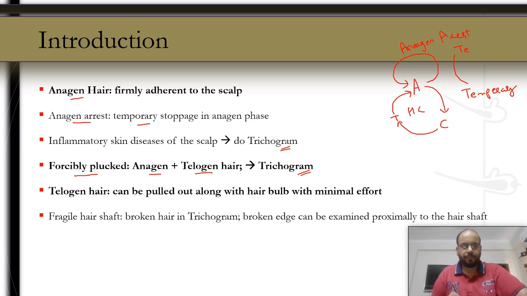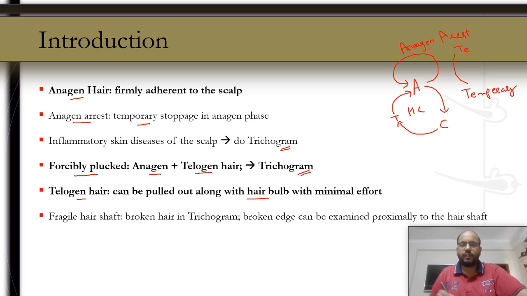Now, telogen hair can be easily pulled out along with the hair bulb. Remember, if you try to pull anagen hair and it comes out, the hair bulb will mostly not come out and is going to stay inside because it is firmly adherent to the dermal mesenchymal tissue.